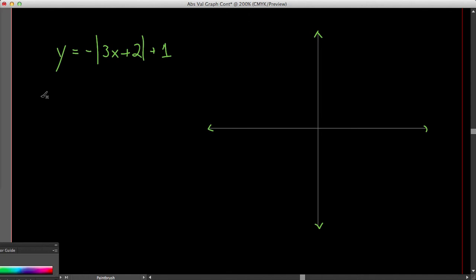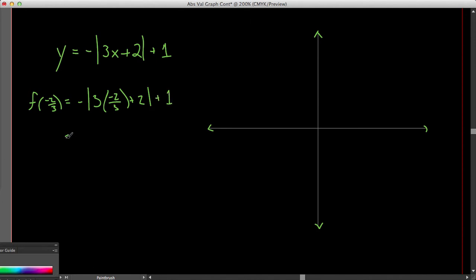So if I plug in -2/3, I have the function at -2/3 is equal to negative absolute value of 3 times -2/3 plus 2, close absolute value, plus 1.